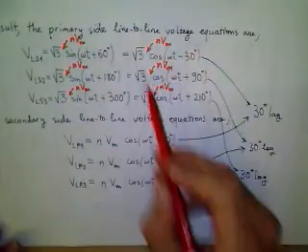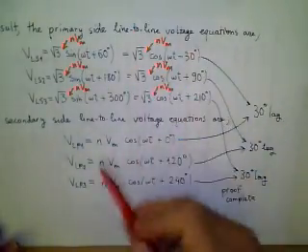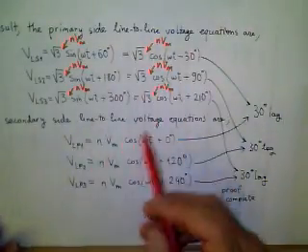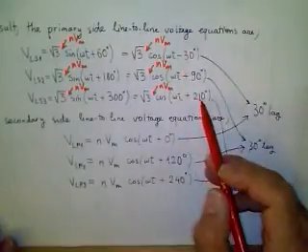So apart from this constant square root of 3, all these functions differ only by their phase relations.